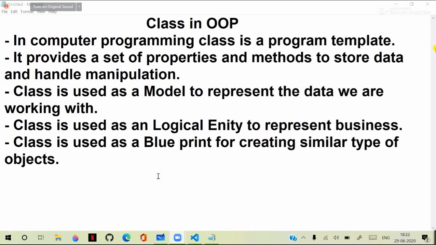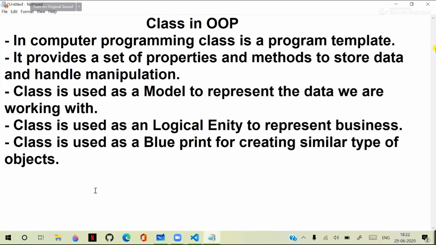So a class has different behaviors at different instances. Every time, a class is not a model, not a logical entity, and not used as a blueprint. It depends on the situation.